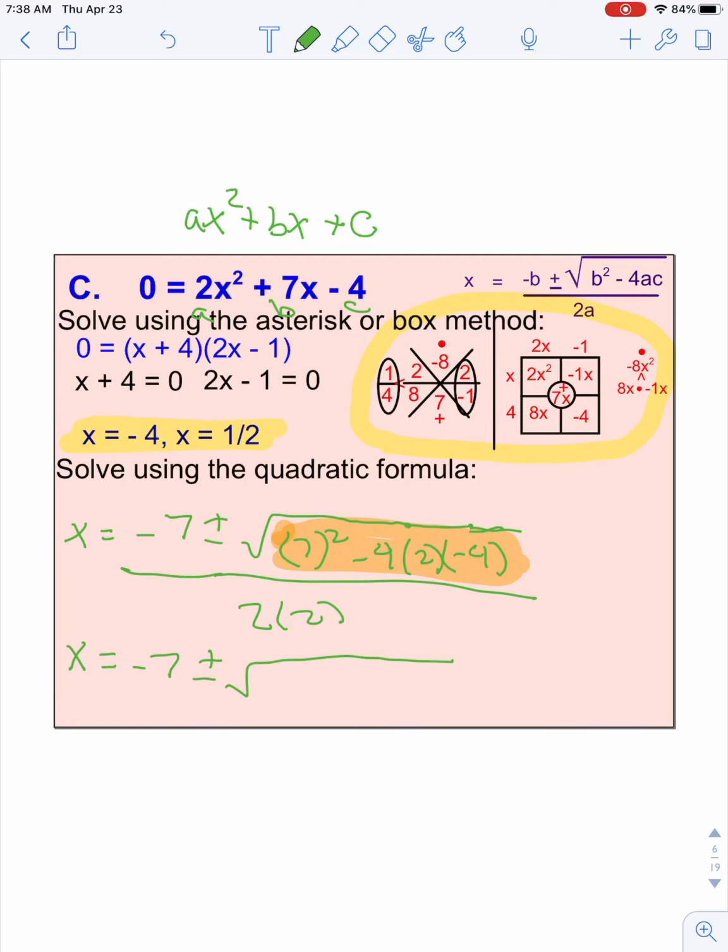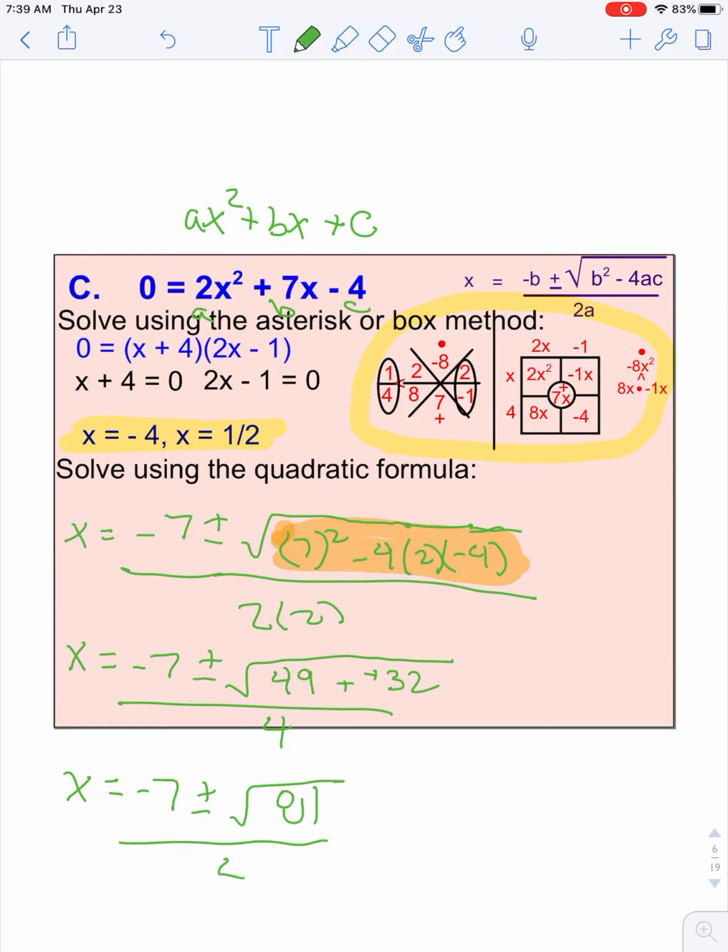Or you can do it in parts, because 7 squared would be 49, and then we'd have minus 4 times 2 times negative 4, which actually gives us negative 32, all over 4. But what happens when we subtract a negative? That changes to plus. So that gives us x equals negative 7 plus or minus the square root of 81, all divided by 4.